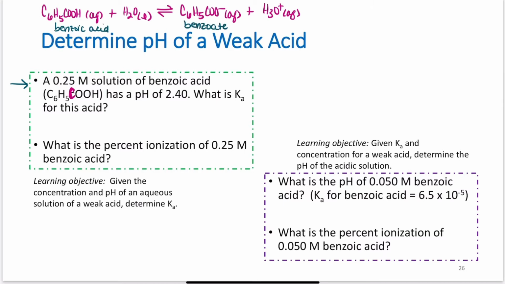It's its conjugate base. So I tend to write HA to represent the acids because it's just faster for me. If I was to write this out with generic terms, HA representing my benzoic acid, water in equilibrium with my benzoate plus H3O plus.